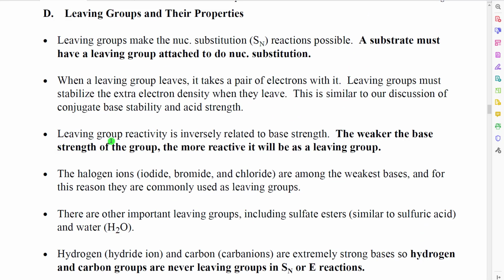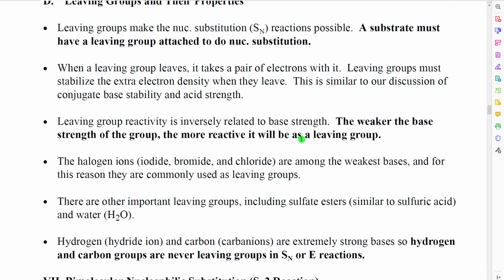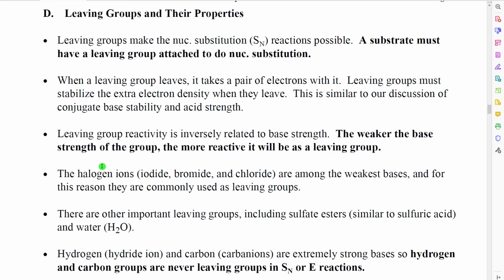In fact, leaving group reactivity is inversely related to the base strength. The weaker the base strength of the group, the more reactive it will be as a leaving group. As mentioned then, halogen ions, or halide ions, iodide, bromide, are among the weakest bases, and they are the most common leaving groups.